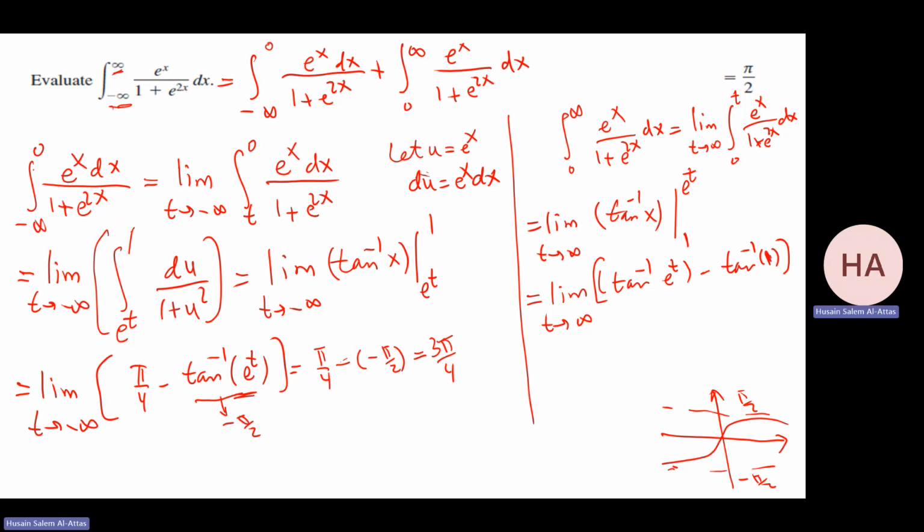No, I changed it, you know what? Yeah, e to the power t to 1. Tan inverse of e to the power t minus tan inverse of 1. That will be what? E to the power infinity, infinity. Sorry, this is wrong.